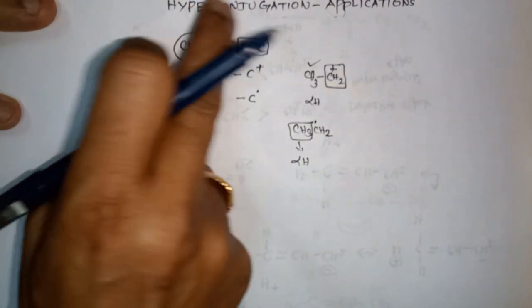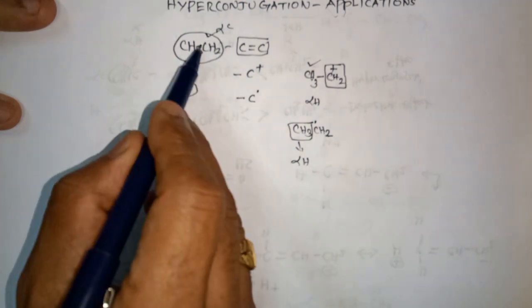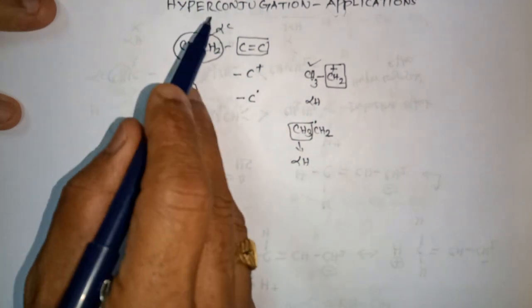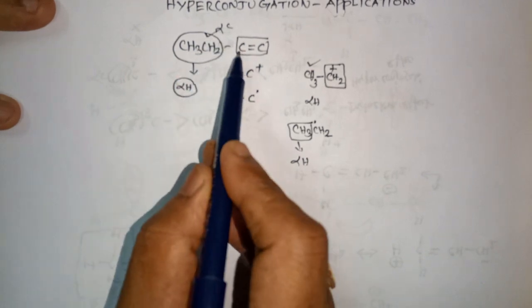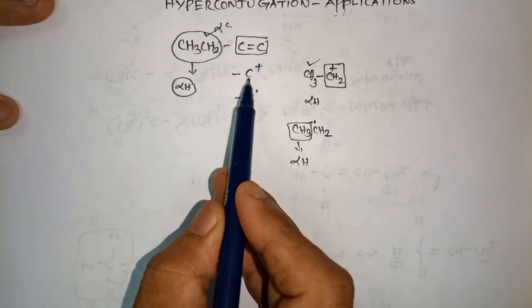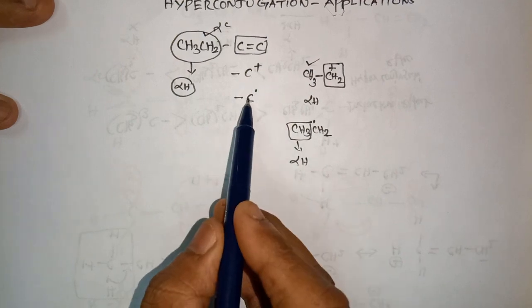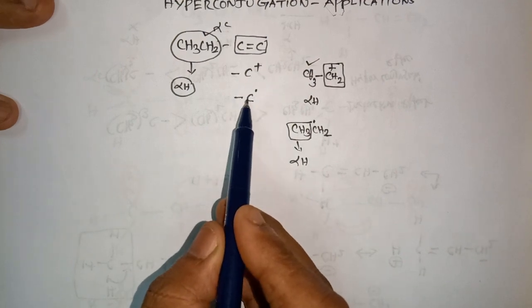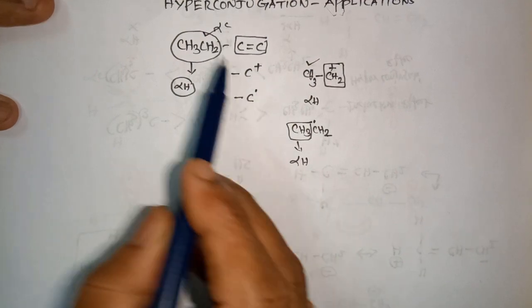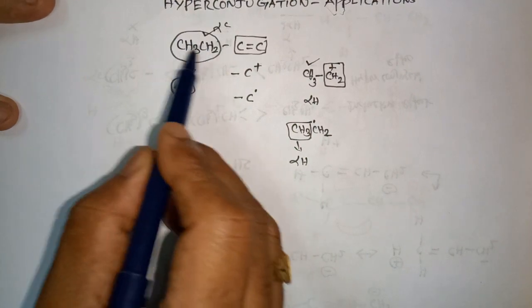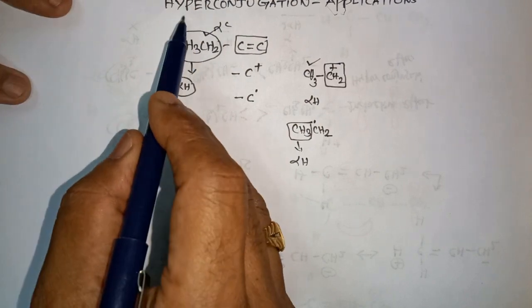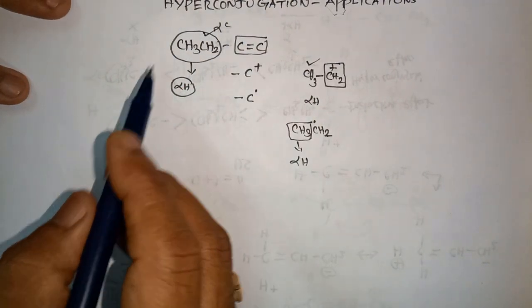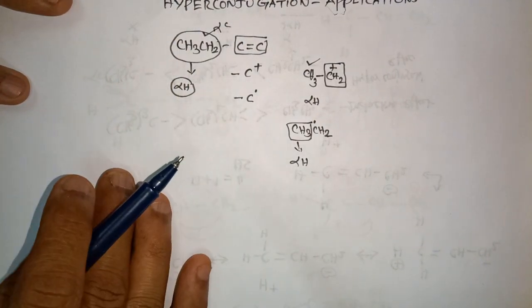So what is hyperconjugation? An alkyl group which contains at least one alpha hydrogen is attached with a carbon-carbon double bond, or a carbonium ion, or a carbon free radical. The ability of this alkyl group to release electrons is called hyperconjugation.